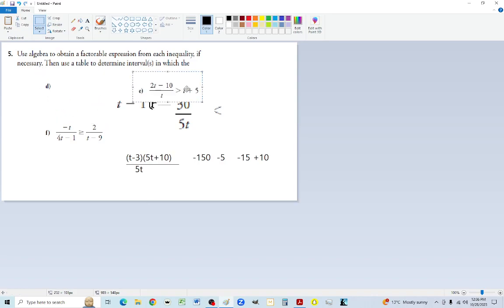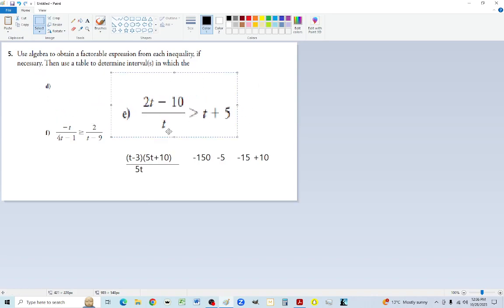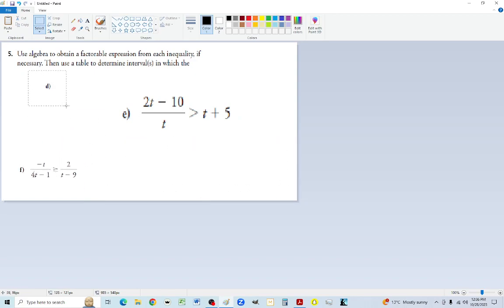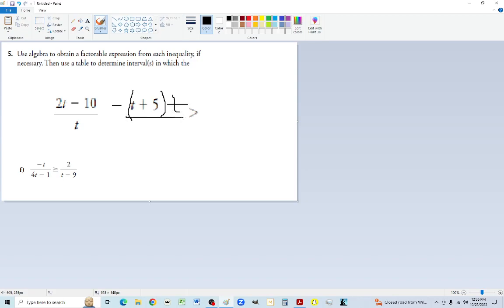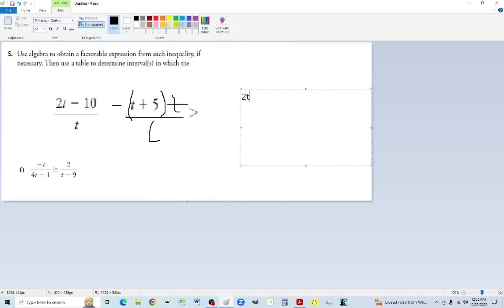The same thing, they're making you do both moving to the left and factoring. We're going to do this. It's got to be put over t. So we've got to do t over t. So you get 2t on the left minus 10.